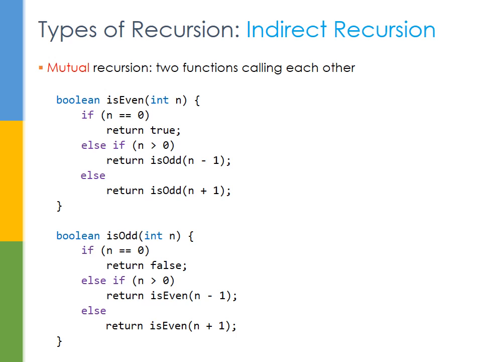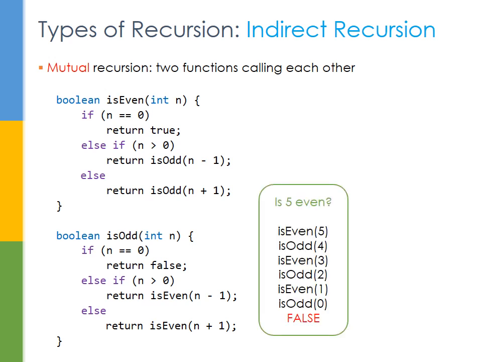All right, so let's look at how these functions is even and is odd would interact with one another. So let's assume that we want to test whether 5 is an even value. Now at this point I'd just like to say that we wouldn't actually in a real world setting perform this kind of recursive test to determine whether a value is even or conversely odd.